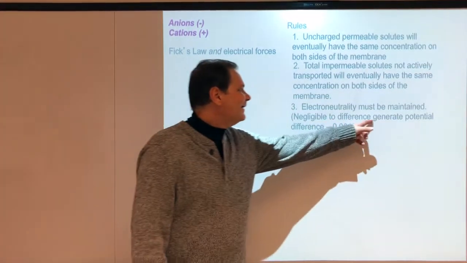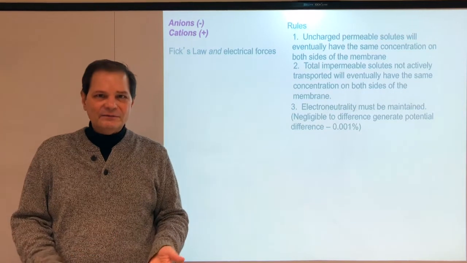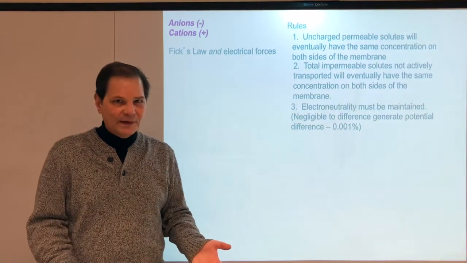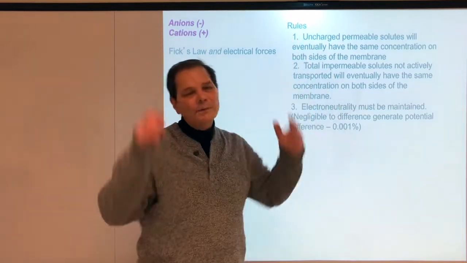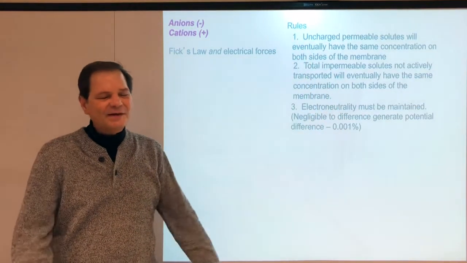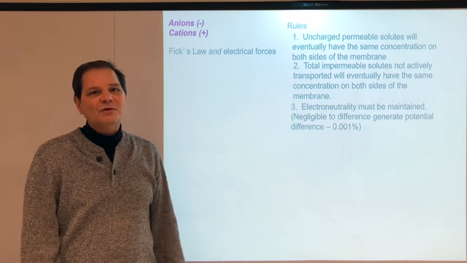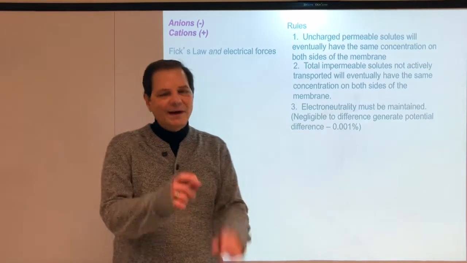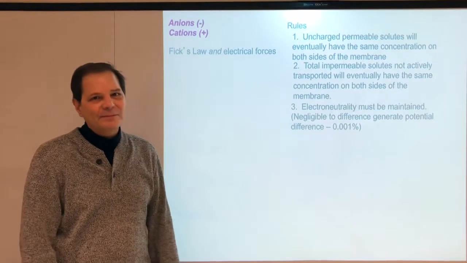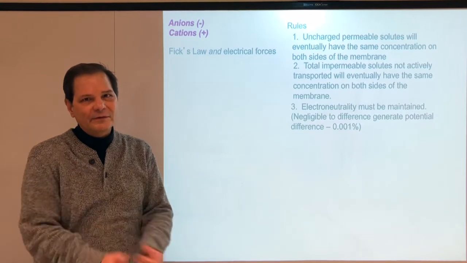There is a negligible difference across the membrane, and that's what generates the voltage. We'll talk about that, okay? But when you're talking about 0.00001% or something like that, that's not going to be a concentration that you can measure. There's going to be no chemically measurable concentration difference between the anions and the cations. They have to add up to be the same, both sides of the membrane. You have to maintain electroneutrality. All right?